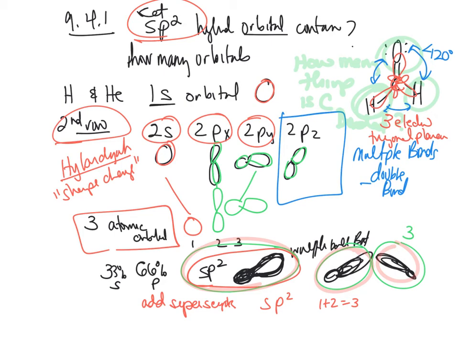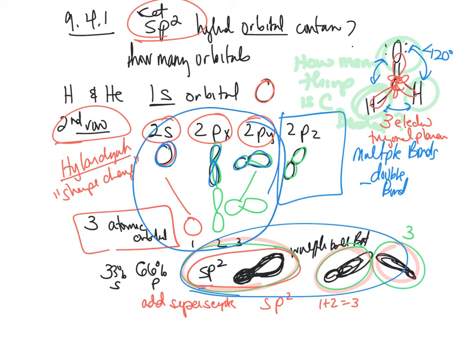So we're just describing the shape, but in order to get this shape, we had to hybridize, because you can't just get this shape with an s and a p and another p. You have to actually do like a shape changer and make new shapes. And so this is a wiffle ball bat type shape in order to get this. And also notice that you do have a pi bond here, and you can have that because you have this unhybridized p orbital. So the answer is B, 3 atomic orbitals. You can just add your superscripts on that.